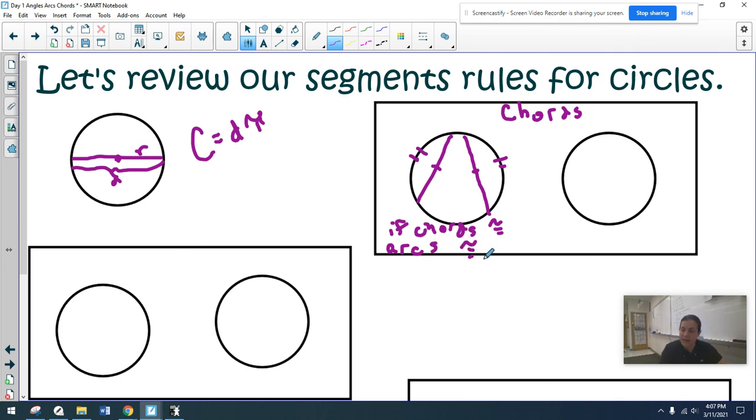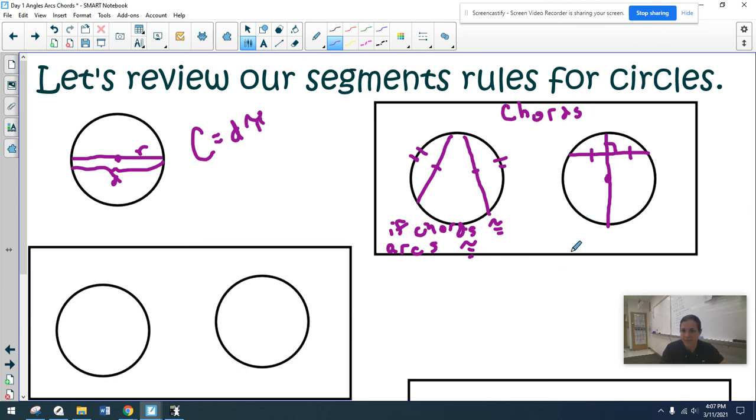Okay, and then the last one I wanted you to put was the one about the diameter intercepting the chord at a 90-degree angle. Okay, so all you need to know there is that if it intercepts, that means those 2 little guys right there are congruent to each other.